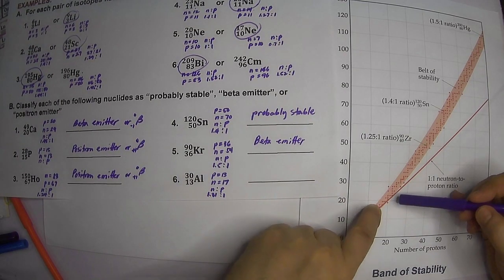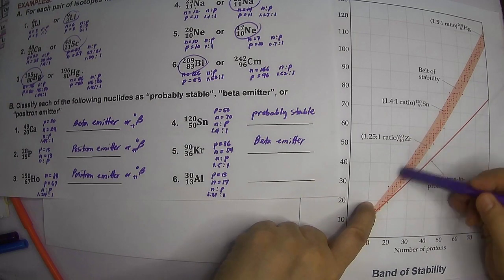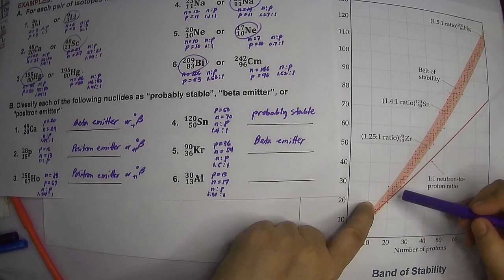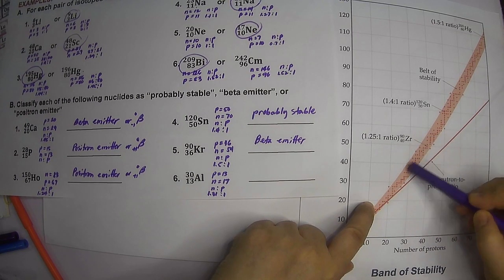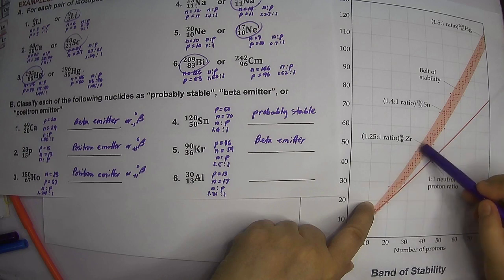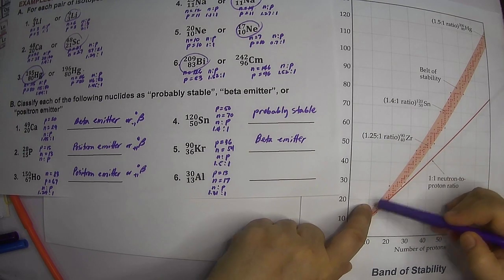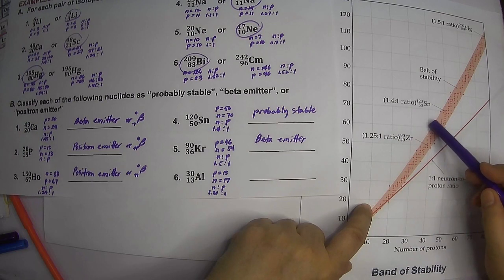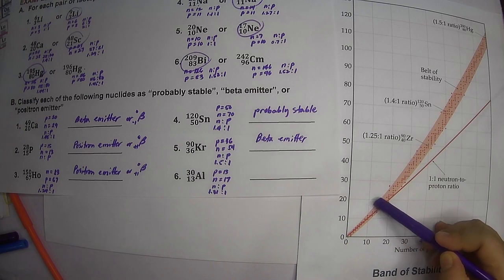So it is above the belt of stability. The ratio is 1.3, and the ratio here is greater than 1.25, so it must be around here. So that is above the belt of stability.